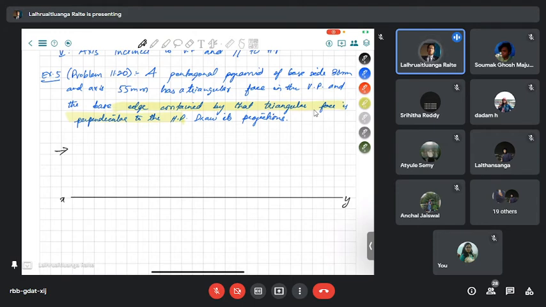Even if it doesn't tell us that it is perpendicular to the HP, if we are free to proceed, then making it perpendicular to the HP is going to be the easiest. All right, so we are going to have a pentagonal pyramid, one side. Let me save some space.